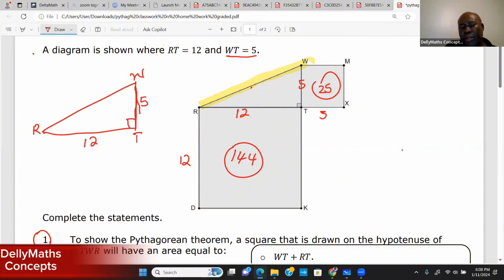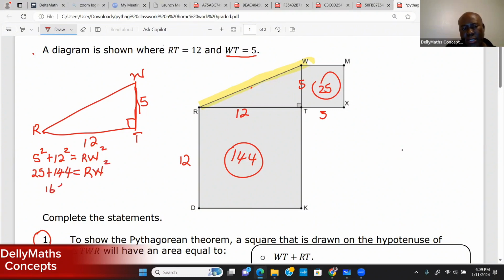So based on the process, the sum of the square of the two shorter sides, for example, 5 squared plus 12 squared, will be equal to RW squared. 25 plus 144 is equal to RW squared.